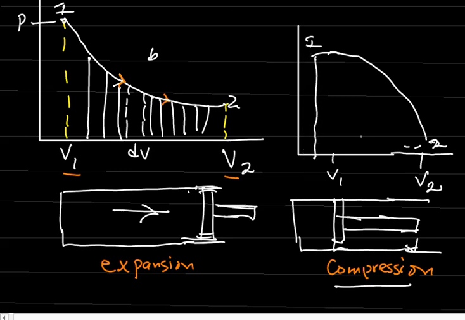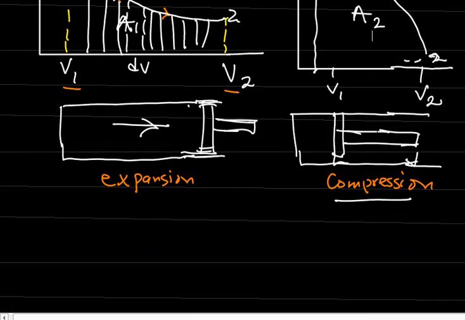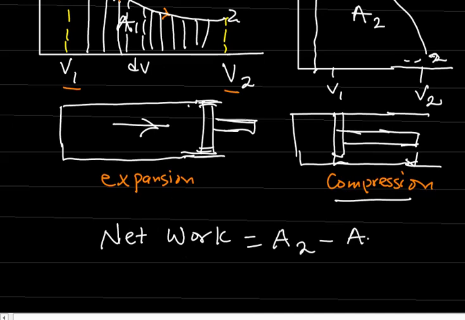Let's say this is A1 and this is A2. So the net work done for both the expansion and the compression is going to be equal to A2 minus A1.